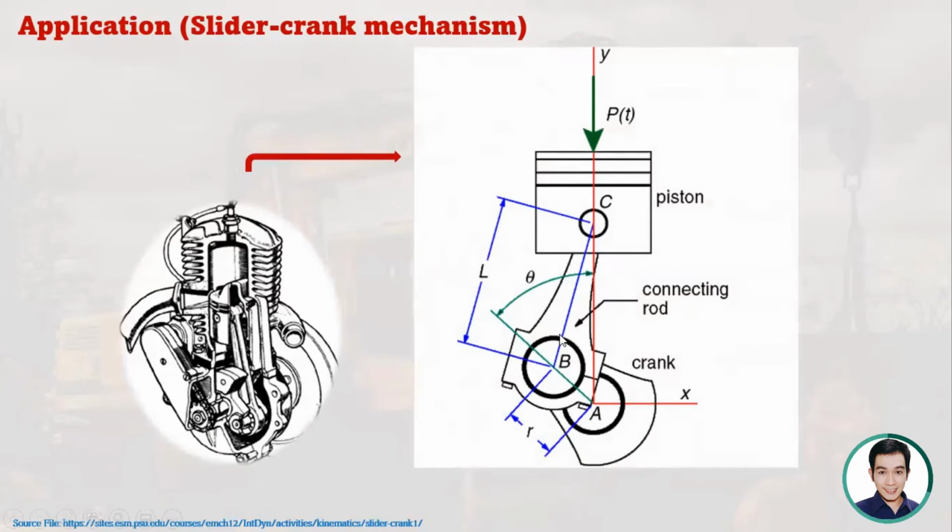So the crank rotation produces the sliding effect, and vice versa. Because the force actually comes from the fuel because of the combustion, that's why the input is here in the piston cylinder arrangement that causes the rotation of the crank. So that's the slider crank mechanism.